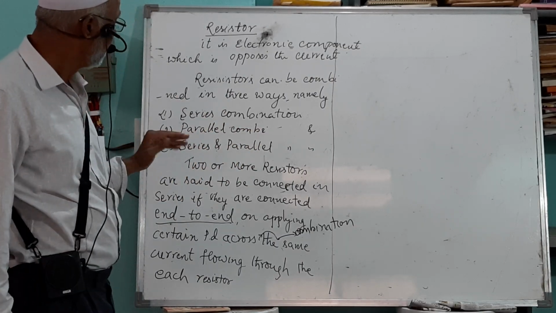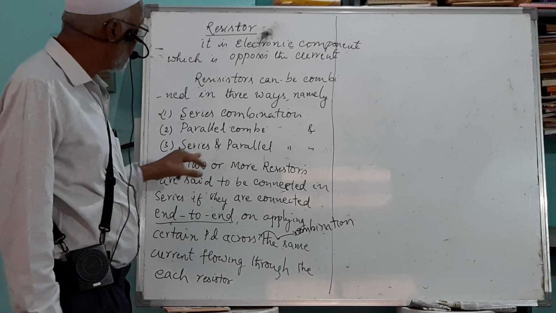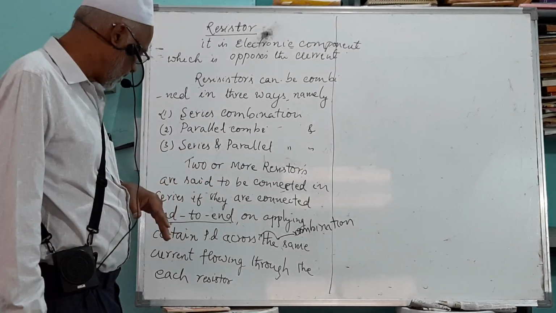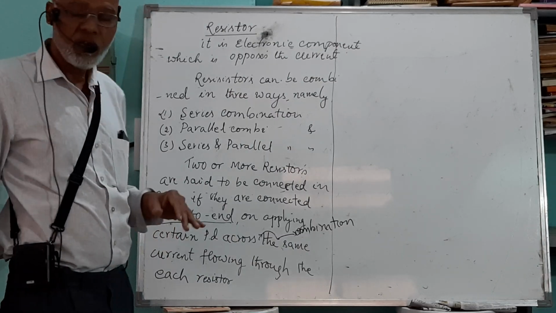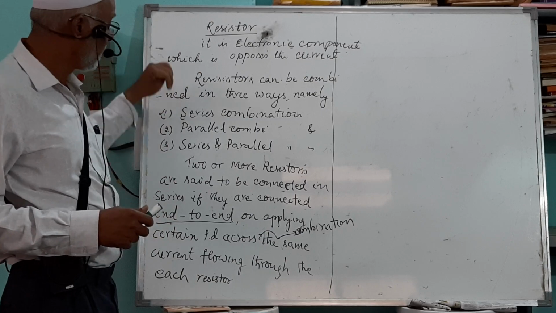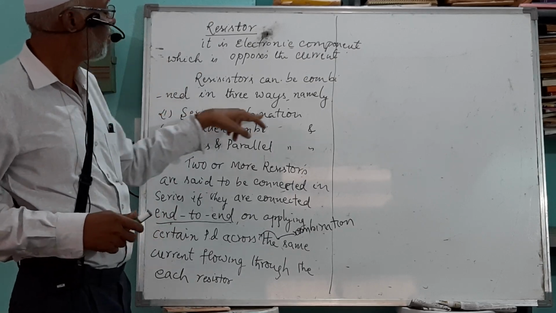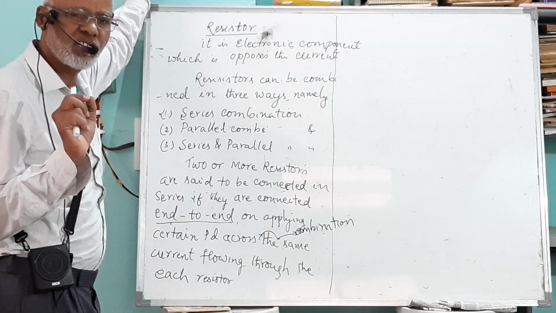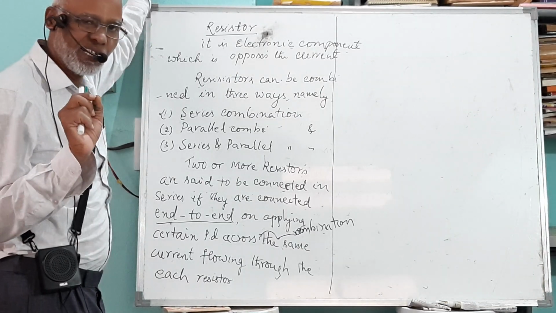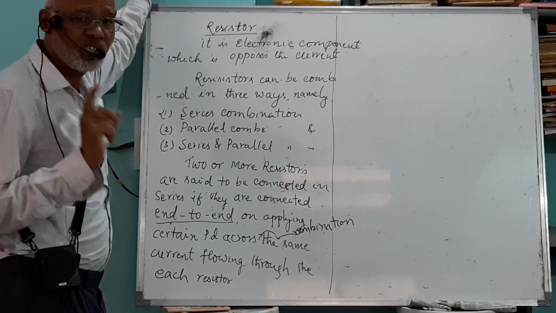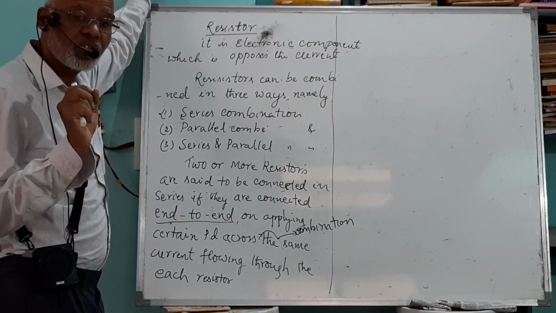However, the series parallel combination of resistors is not prescribed in our syllabus, so I don't want to discuss it. I just want to concentrate on the series combination of resistors. We have seen that a resistor is an electronic component which opposes the flow of electric charge.